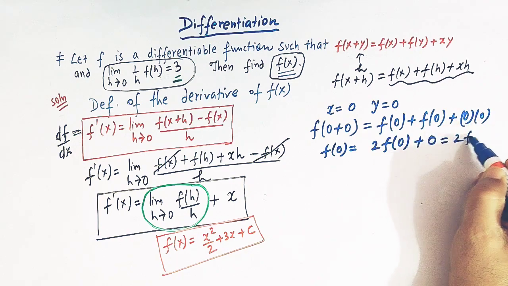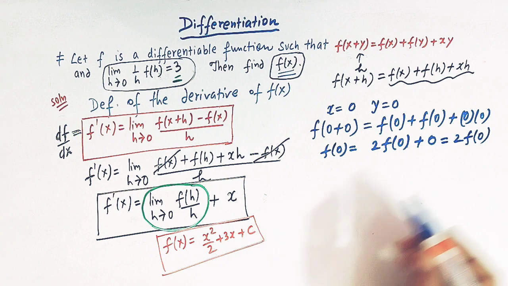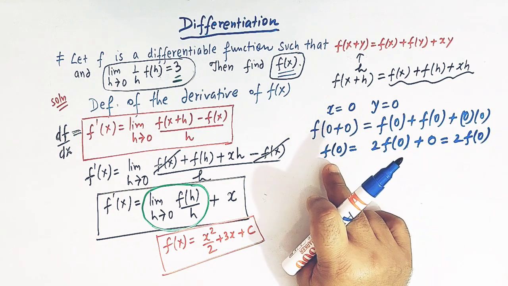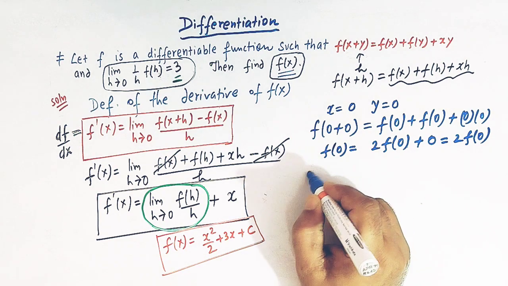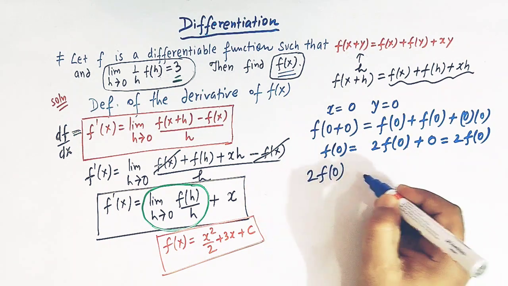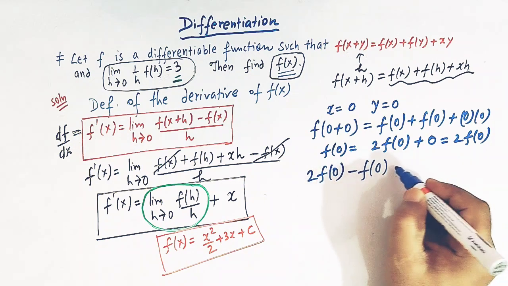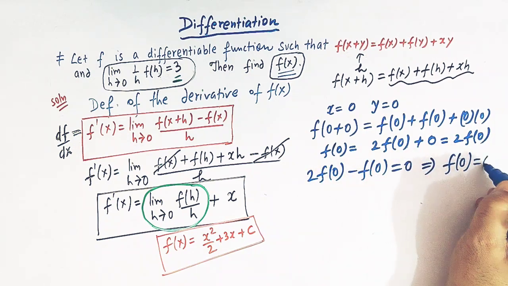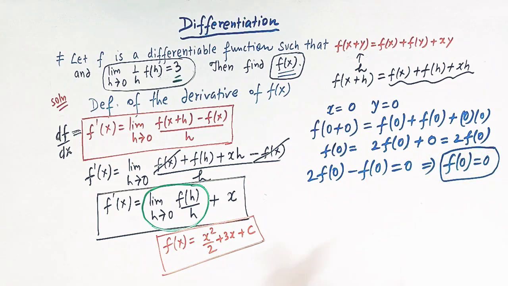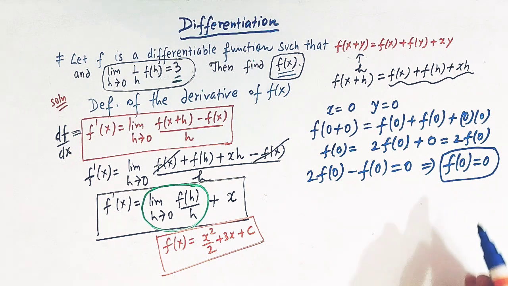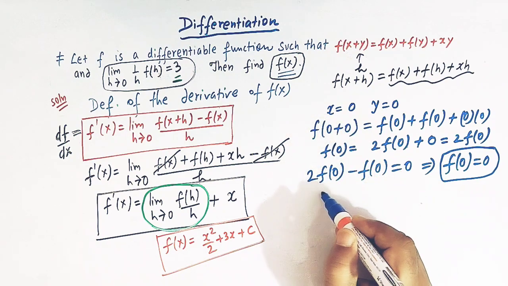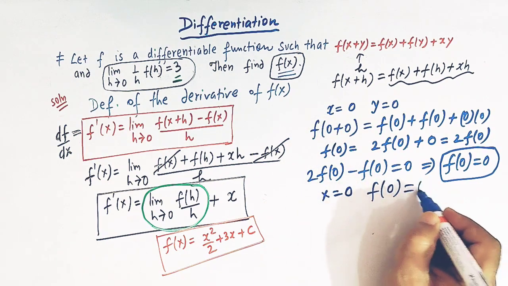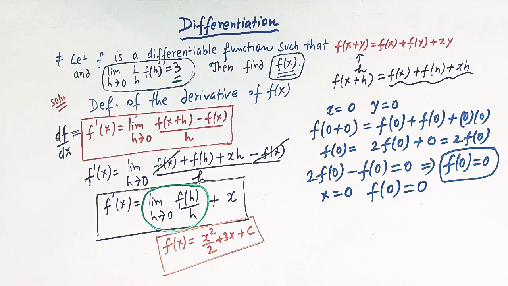Now we can solve this equation for f of 0. We have 2 f of 0 minus f of 0 is equal to 0, which implies f of 0 is equal to 0. So we have obtained that when x is equal to 0, f of 0 is equal to 0.